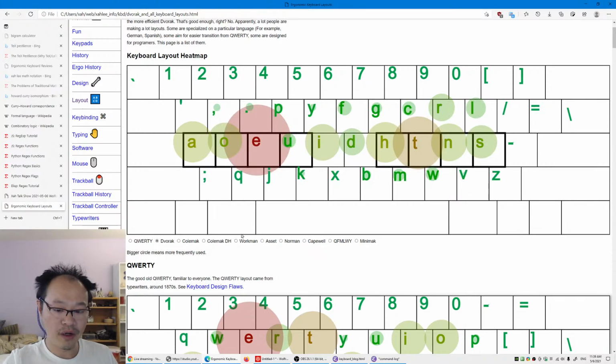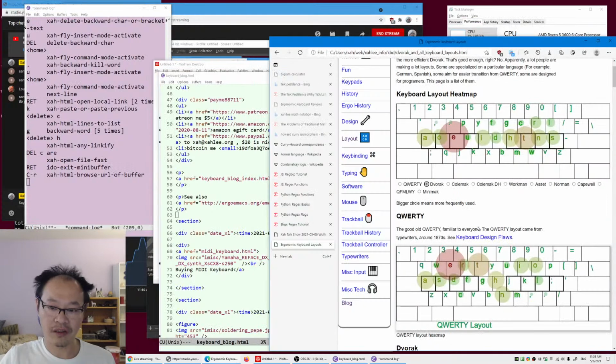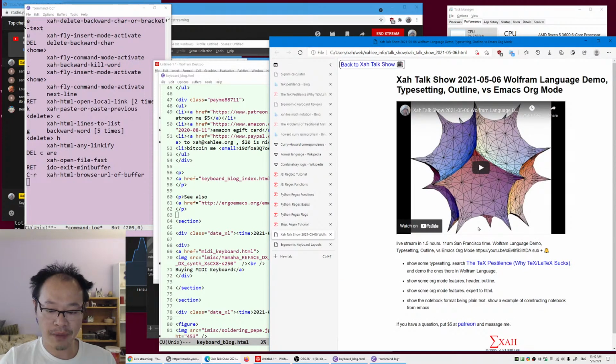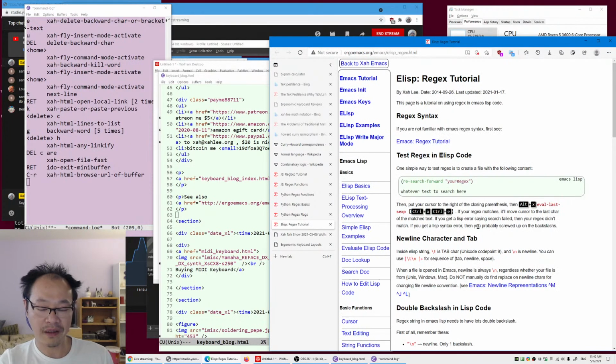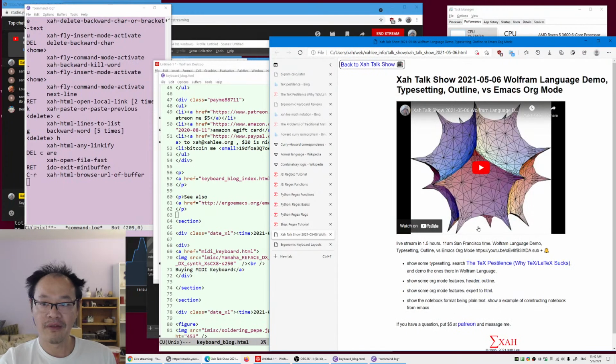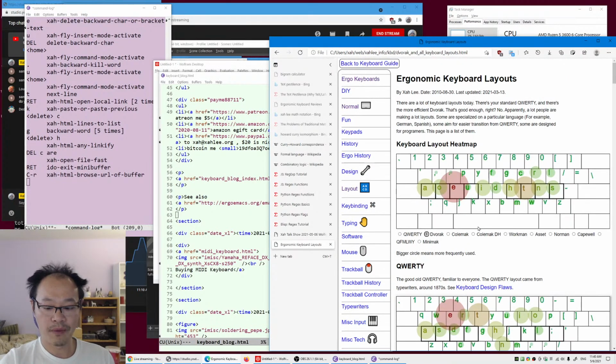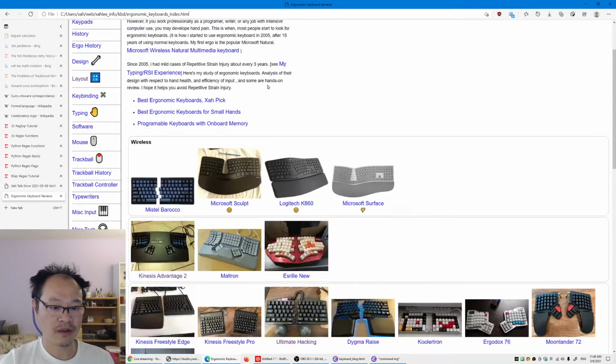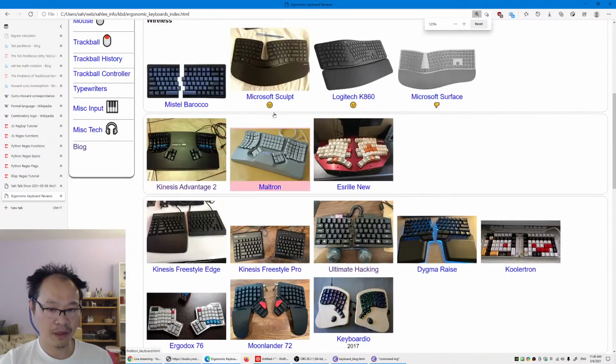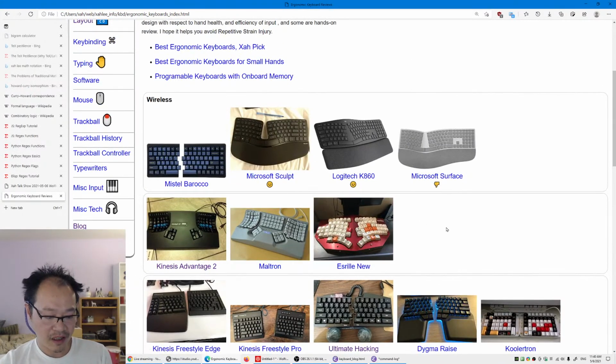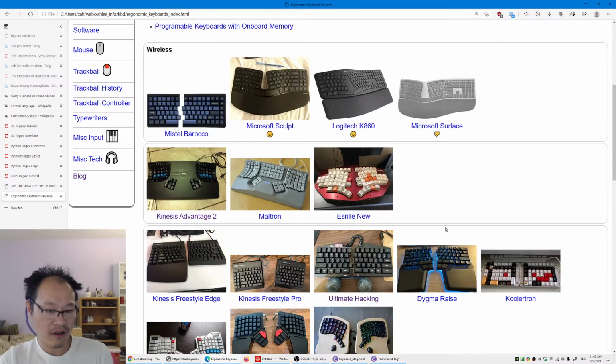However, my point here is that tradition, human habit, is tremendously powerful. Most people to this day have no idea what Dvorak is. And if you show them a weird keyboard, for example, let me show you some of the weird keyboards. These are designed efficiently.